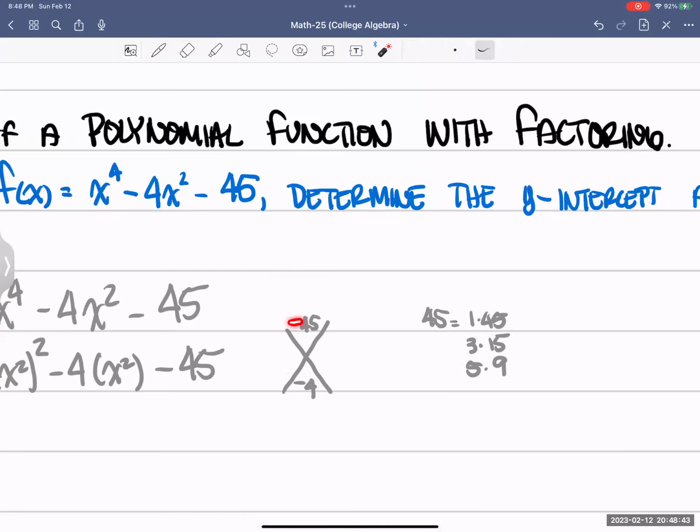This being negative tells us that we're looking for the difference between these two. The difference between 1 and 45 is 44, definitely not 4. The difference between 3 and 15 is 12, definitely not 4. The difference between 5 and 9 is 4. I think we found our pair: 5 and 9. Since the product is negative, the negative comes from the larger number, so 9 is going to be negative.